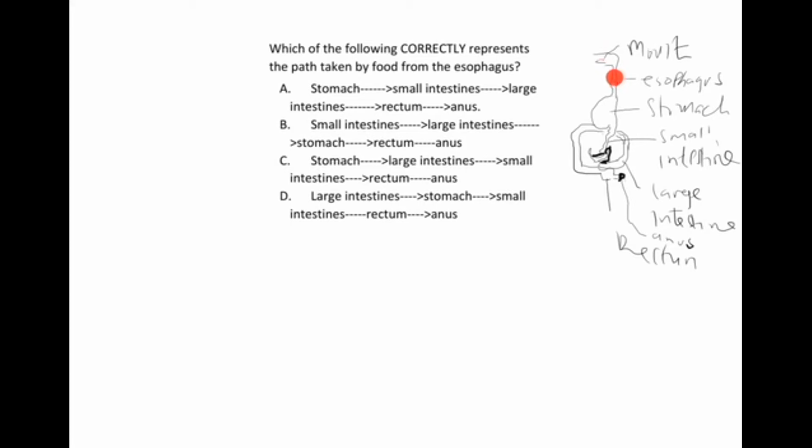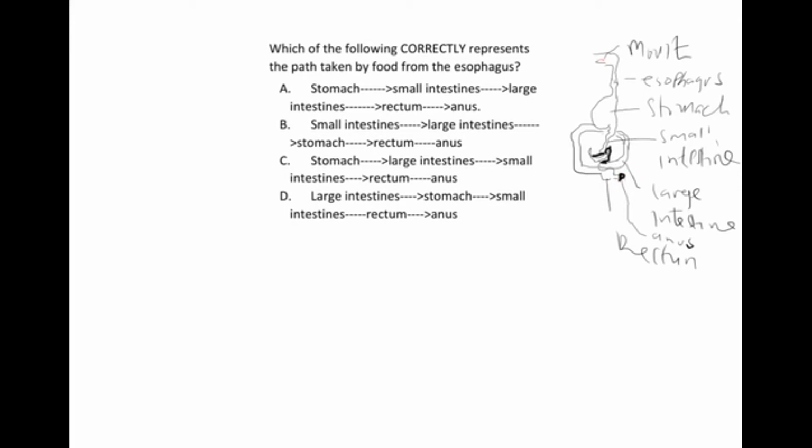That is our point of reference. Then from the esophagus we go to the stomach. From the stomach it enters the small intestine. From the small intestine it will now go to the large intestine or colon, all the way, and digested food materials are stored in the rectum for a while, and then they are released out through the anus.